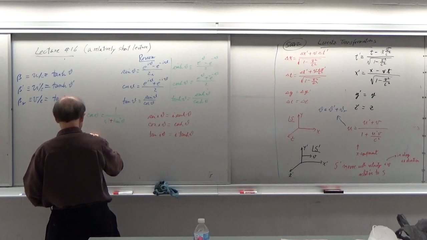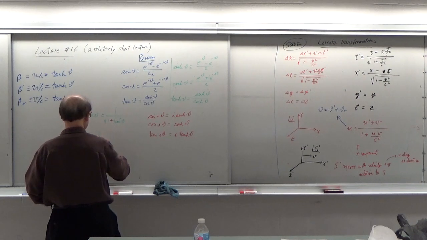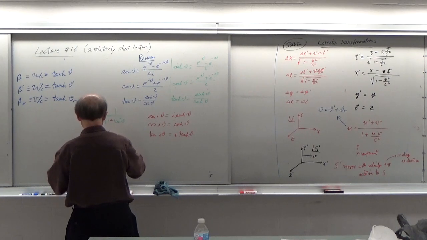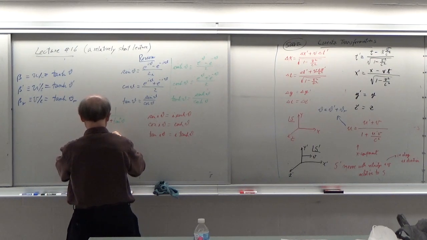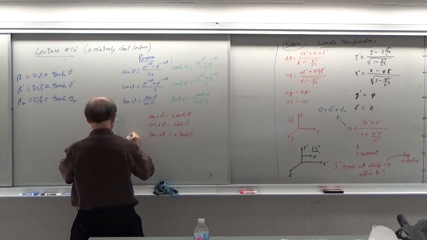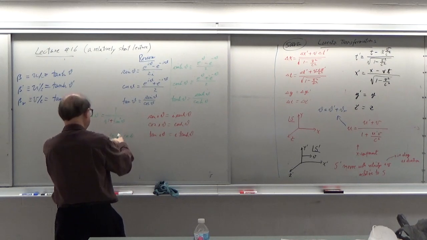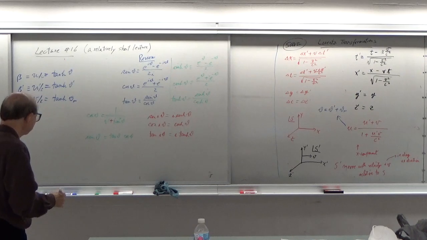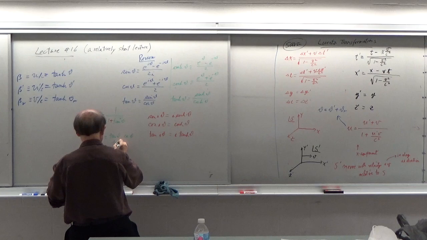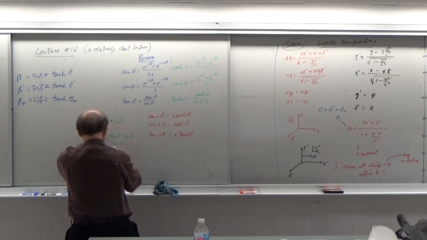And in that case, sine of theta would be equal to tangent of theta times cosine theta, isn't it? Tangent is sine over cosine, correct? And this is equal to tangent theta divided by the square root of 1 plus tangent squared theta.